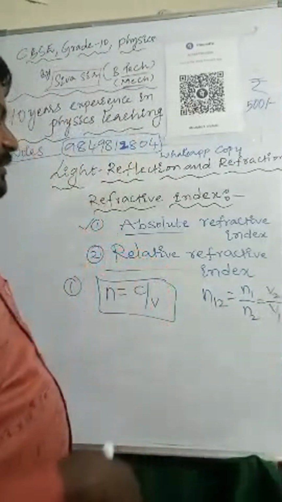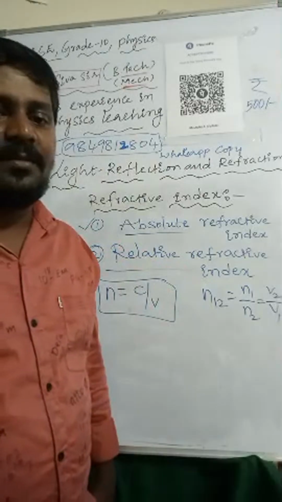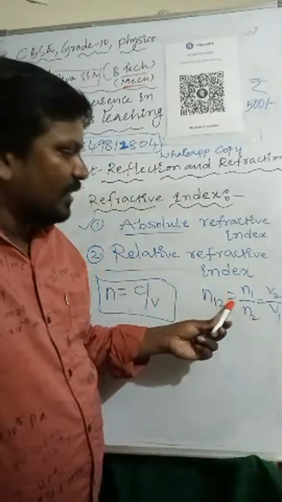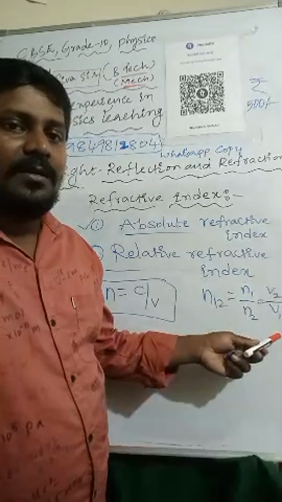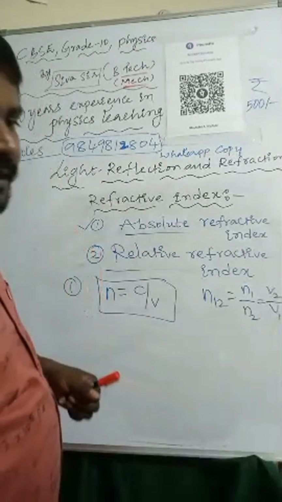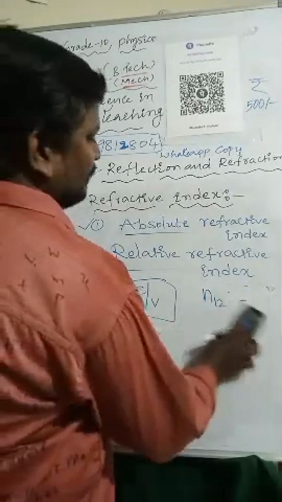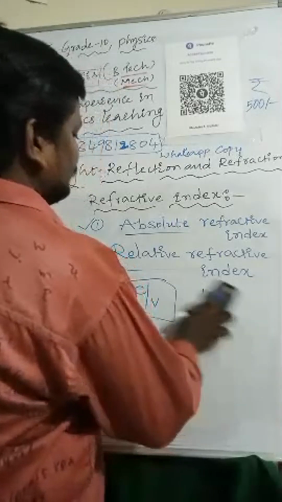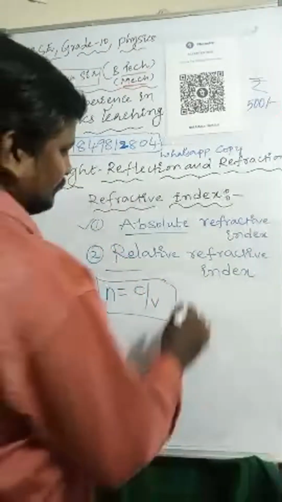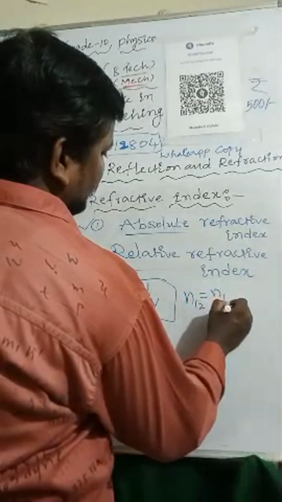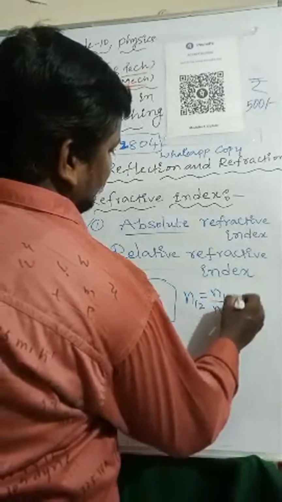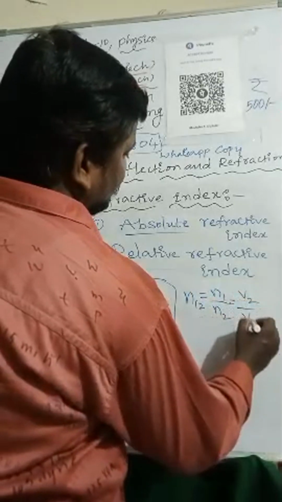The refractive index of medium 1 with respect to medium 2: n12 equal to n1 by n2, that is nothing but v2 by v1.